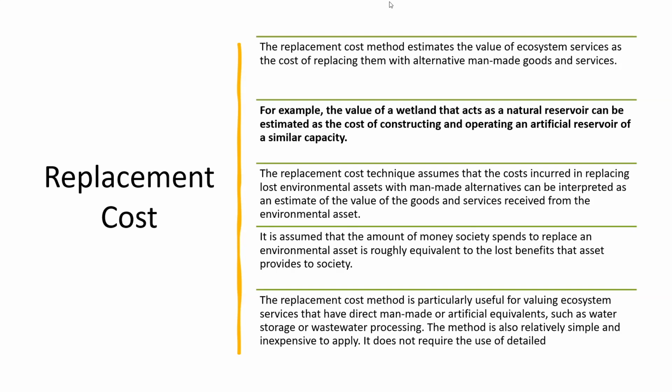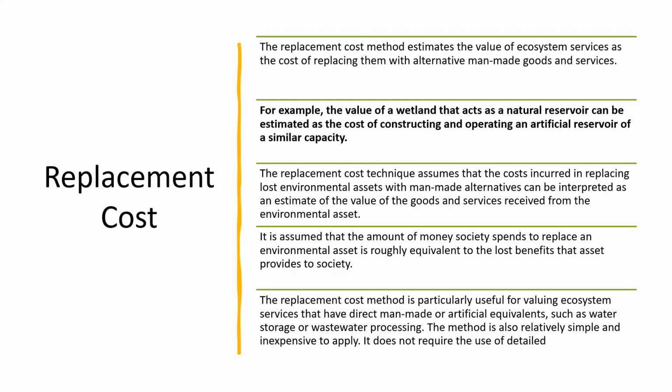Okay. So basically what we're saying is that the replacement cost technique assumes that the costs incurred in replacing the environmental asset with this man-made alternative is the estimate of the value of the service received from the asset.